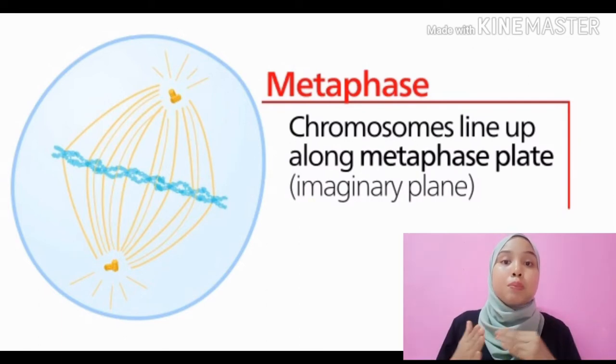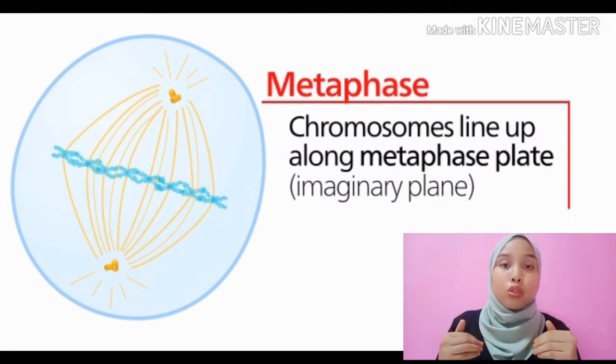That's the function of the spindle fiber in this phase: it maintains the chromosomes arranged in a single row at the equatorial plane, attached at the centromere. The equatorial plane is actually an imaginary plane that has the same distance between the two poles. It does not really exist, it is just imaginary.